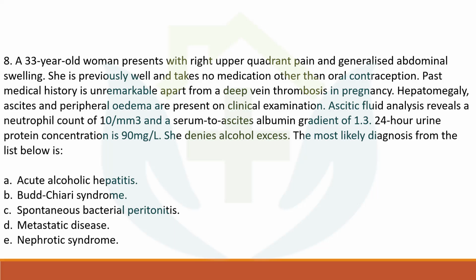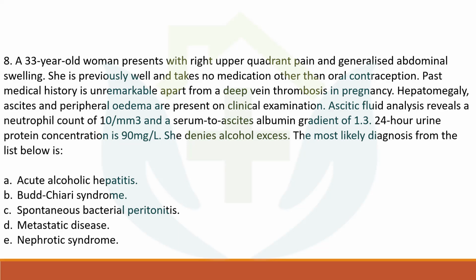Ascitic fluid analysis reveals a neutrophil count of 10 to the power 3 and a serum-ascites albumin gradient of 1.3. 24-hour urine protein concentration is 90. She denies alcohol excess. What is the most likely diagnosis from the below? Acute alcoholic hepatitis, Budd-Chiari syndrome, SBP, metastatic disease, or nephrotic syndrome.